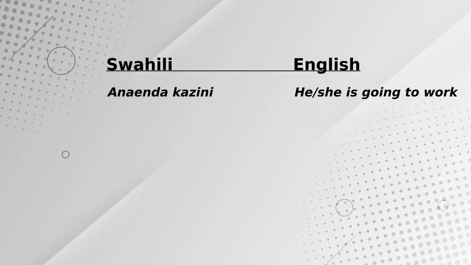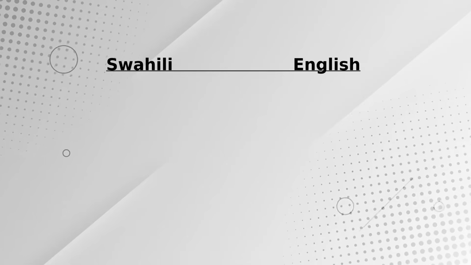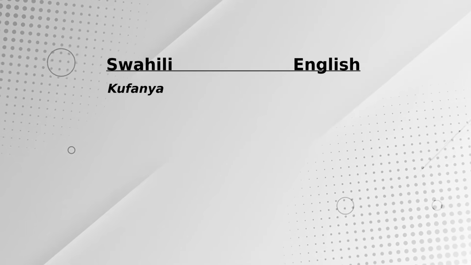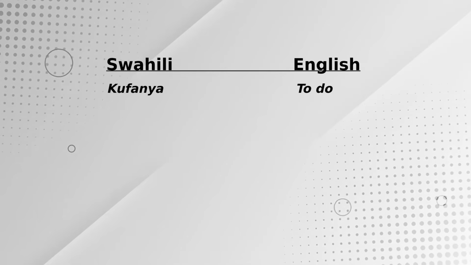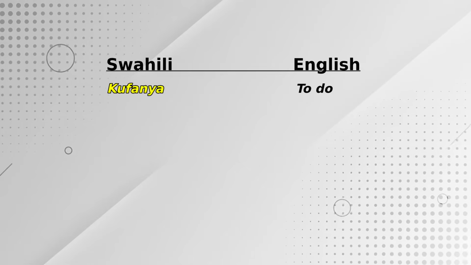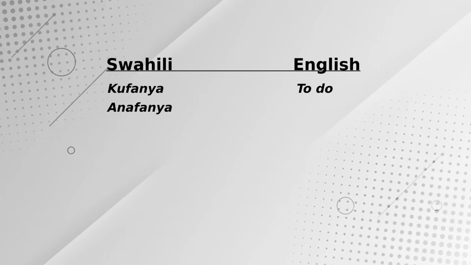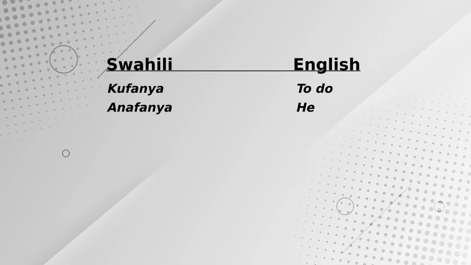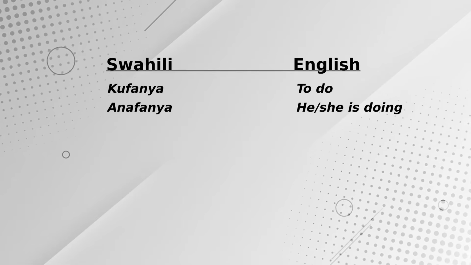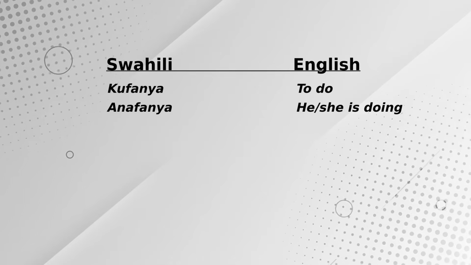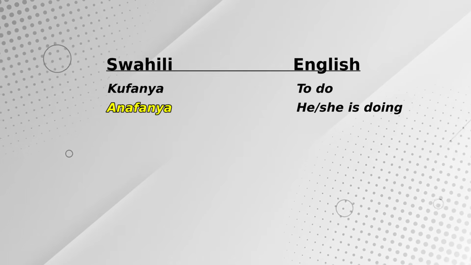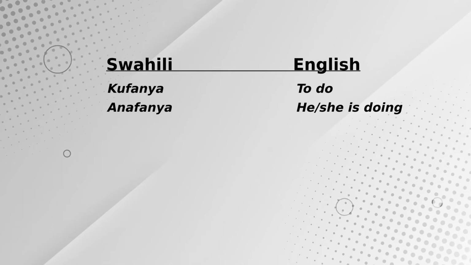Good job. The other verb is kufanya, to do. Kufanya. Good. So listen. Anafanya. He or she is doing. Now I want you to repeat after me. Anafanya. One more time.